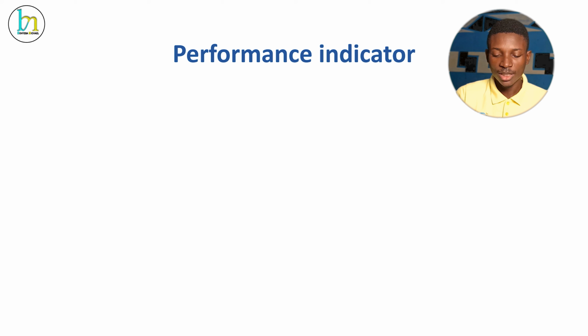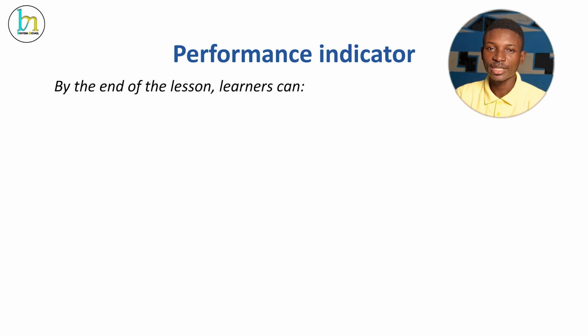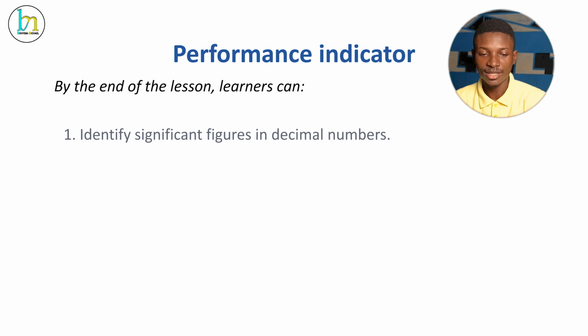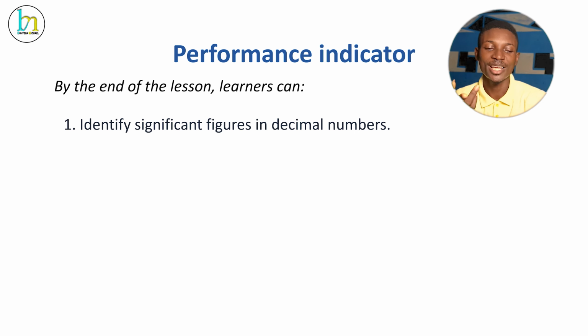So let's look at our performance indicator. At the end of the lesson, what are you going to achieve? By the end of the lesson, you can identify significant figures in decimal numbers.